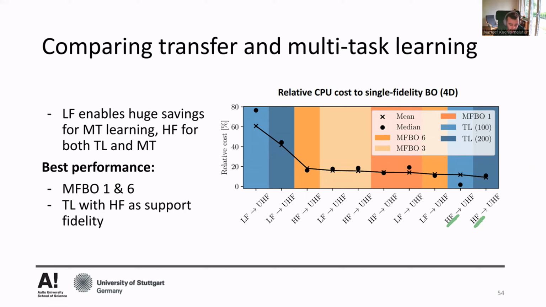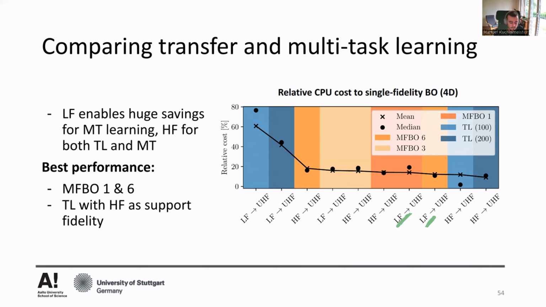For transfer learning, the correlation was very important, because here we see the highest savings if we have high fidelity as our support fidelity level, while if we use low fidelity for transfer learning, the savings were much worse than many other approaches. What was quite interesting to see is that for multitask learning, we enabled the largest savings in this scenario with using low fidelity as support.